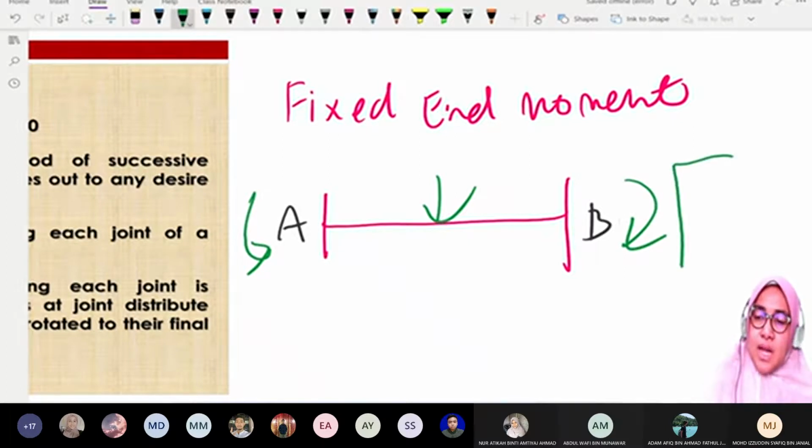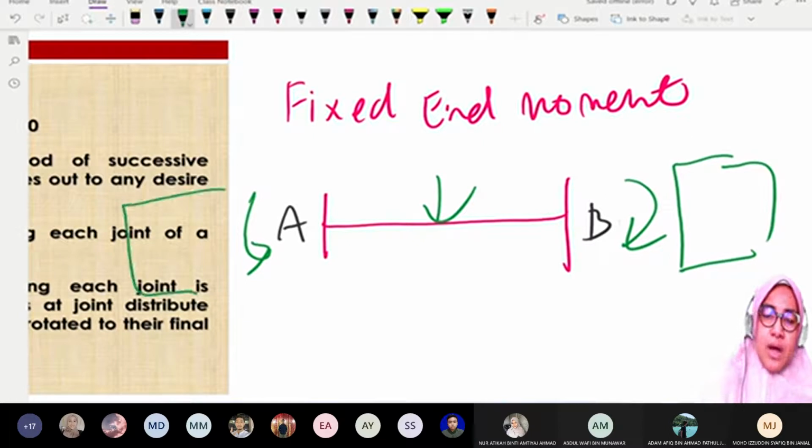There is a formula here. I believe you have learned this previously in diploma as well. Fixed end moment is behavior. Fixed end moment is not an assumption. The moment direction in fixed end moment is not an assumption. The moment direction in fixed end moment is based on the behavior. So this is the behavior that you have to understand.